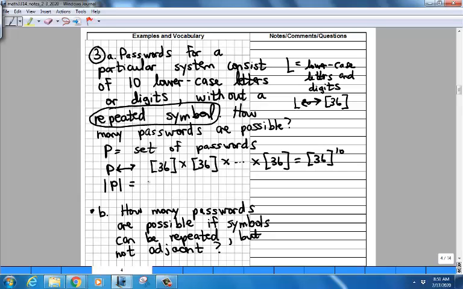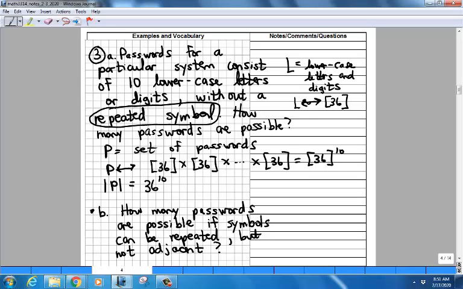What's the cardinality of cross products? You do 36 and raise it to what power here? 10. Yeah, okay. You don't have to tell me what 36 to the 10th power is, I don't know. So it's 36 to the 10th power. So there's the cardinality of the set.